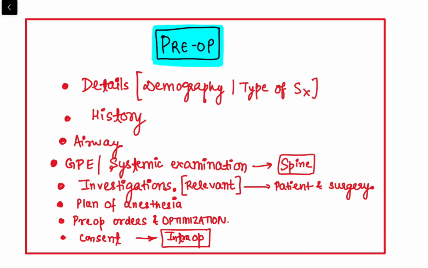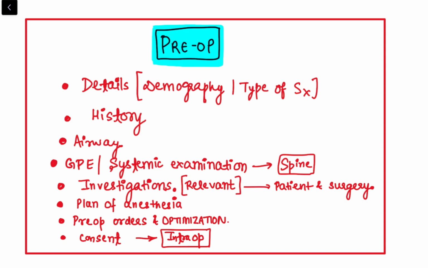Otherwise, suppose a surgery is for the upper limb and you want to give a peripheral nerve block in an uncomplicated patient, the chances that you'll be dealing with medico-legal problems of a spine problem will be less, because the surgery or the intervention that we are doing is not on the spine. So this is how you'll have to understand that the first details of the demography and the type of surgery are the beginning step to understand what type of anesthesia we're going to give.